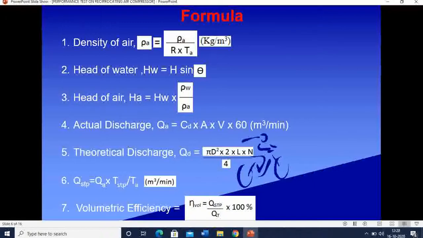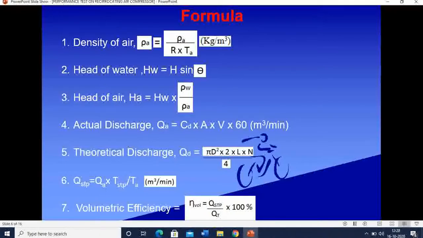After that you have to go for graphs. For the various performance parameters you are going to draw the graph, between the volumetric efficiency and the delivery pressure. Initially you use these formulas, and then you find the performance characteristic curve, that is, the delivery pressure versus the volumetric efficiency.